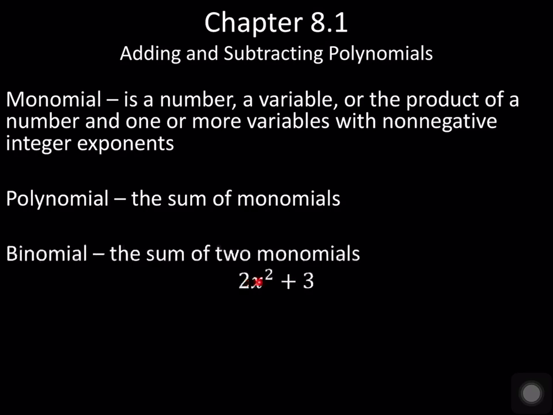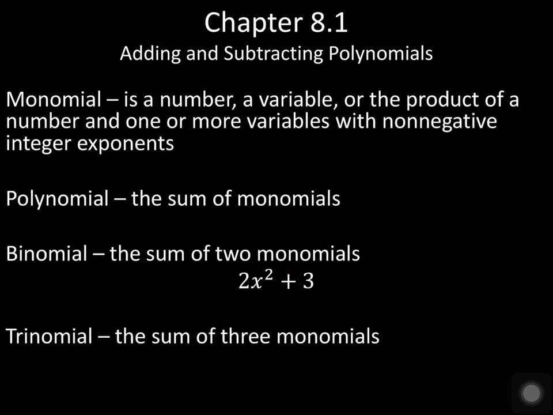So 2x squared is a monomial. It's the product of a number and a variable, non-negative exponents. 3 is a monomial. It's a number, right? It fits into that special category of a constant, but it's a monomial. So these are both monomials. So 1, 2, binomial. Okay?